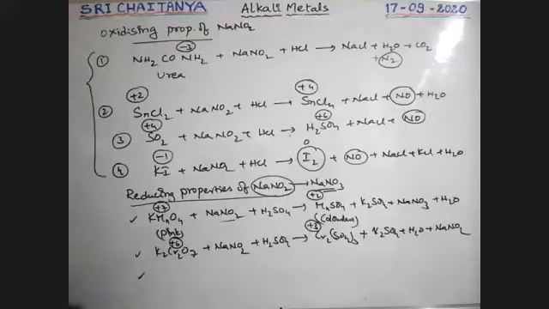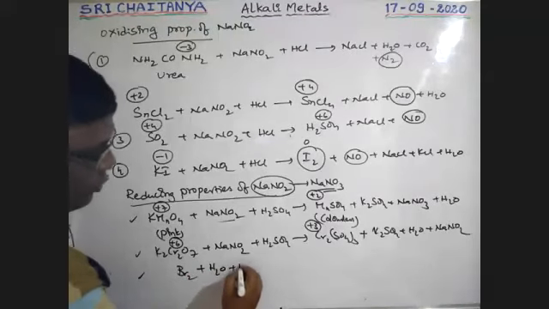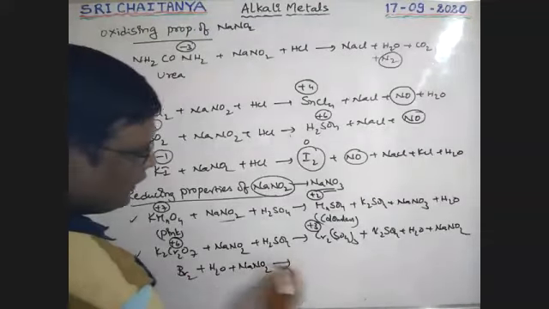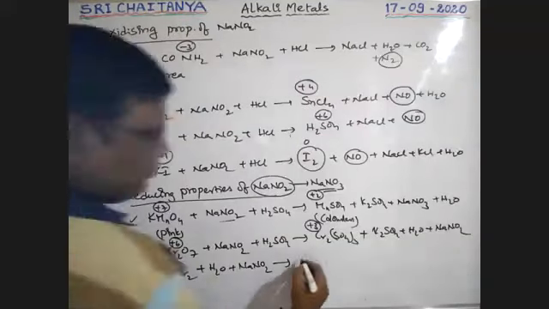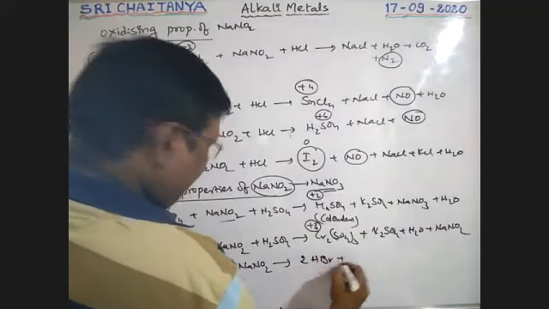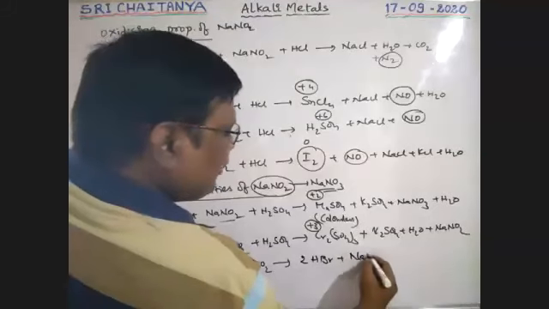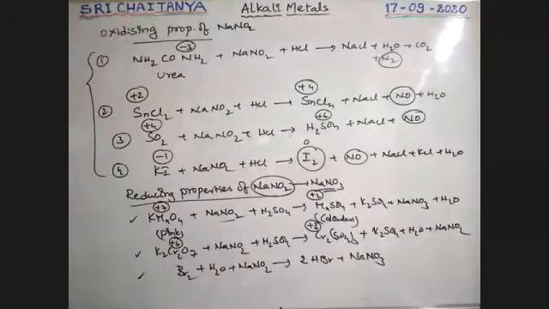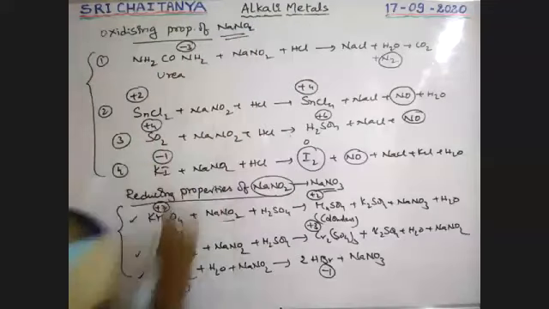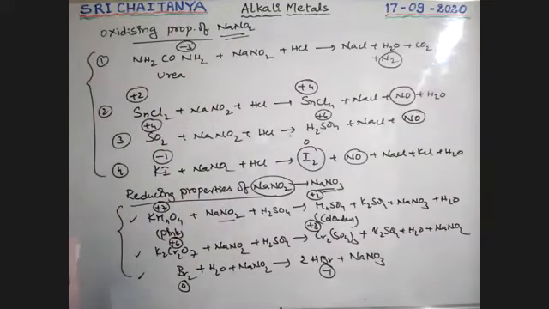Next and last, bromine, Br2, reacts with NaNO2 in the presence of water and gives 2HBr plus NaNO3. Bromine goes from oxidation state 0 to -1. All these are reducing properties of NaNO2. Therefore, NaNO2 acts as both an oxidizing agent as well as a reducing agent.